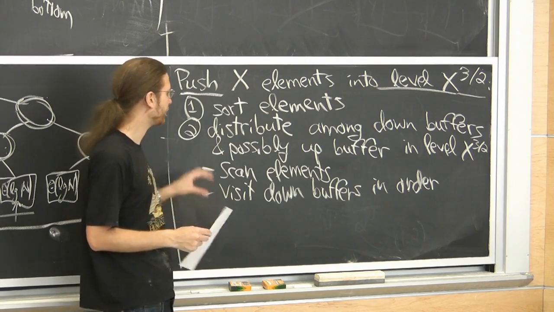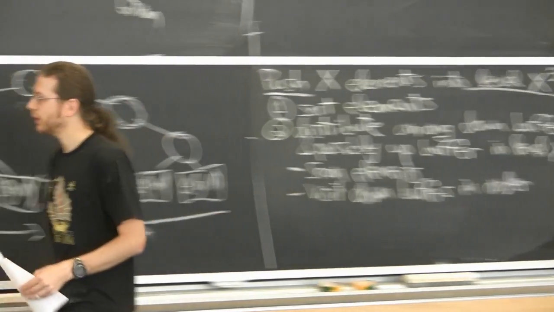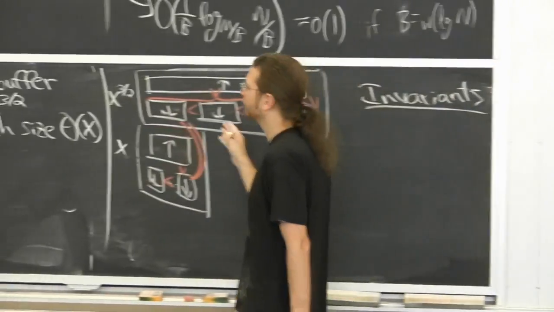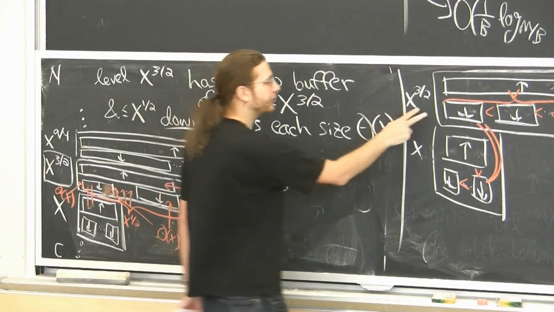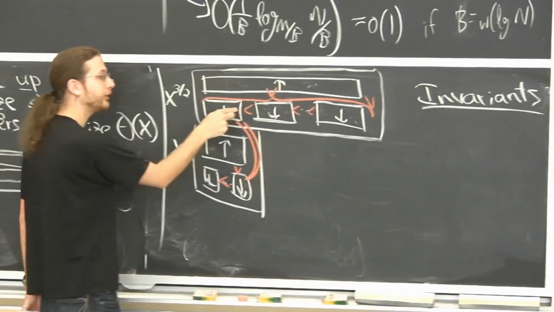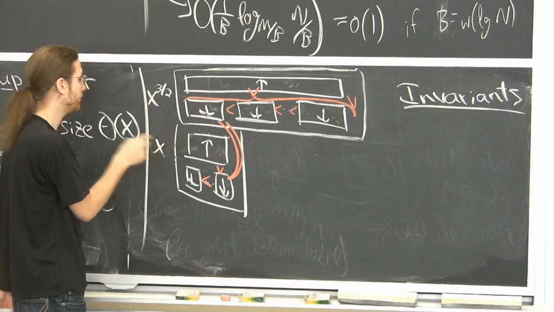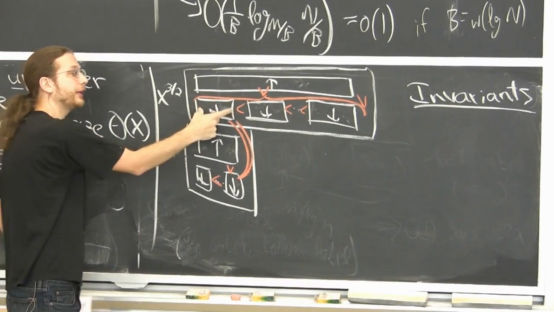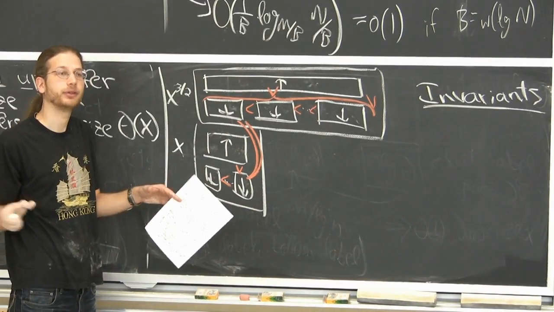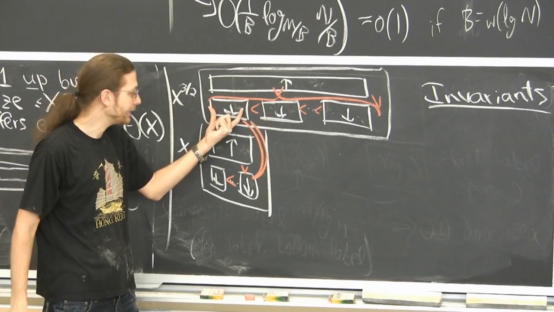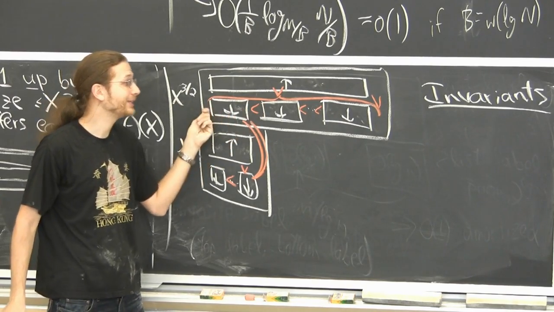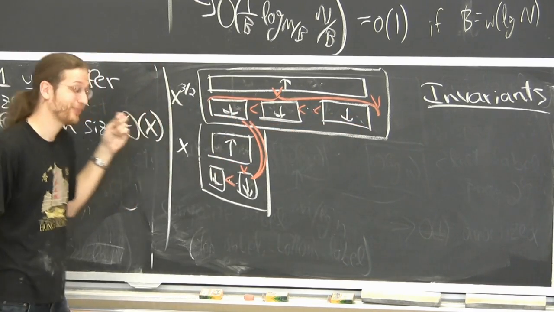Now, there's a little bit that can happen here. Our down buffers have a limit in size. Down buffers are supposed to have size theta X at level X to the 3/2. So as we're inserting, a down buffer might overflow. I've got theta slop here. So when a down buffer overflows, I just split it in half. I then make two down buffers, right next to each other. I'm going to maintain a linked list of down buffers.